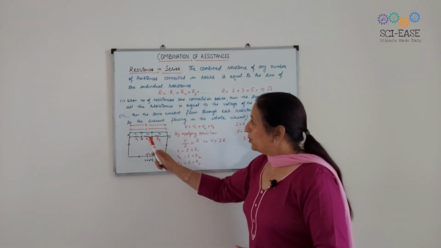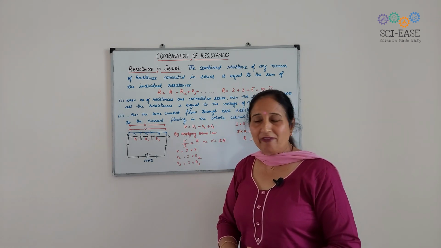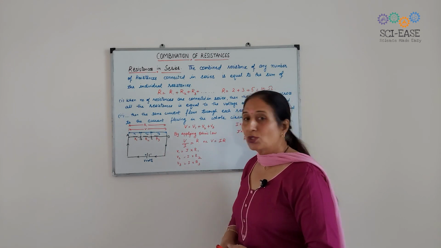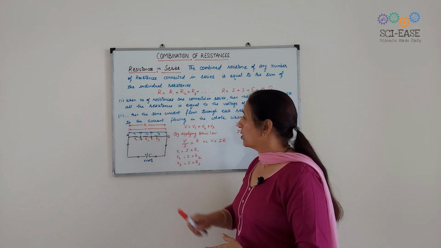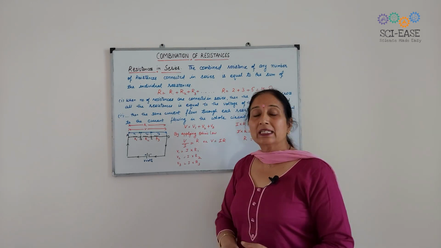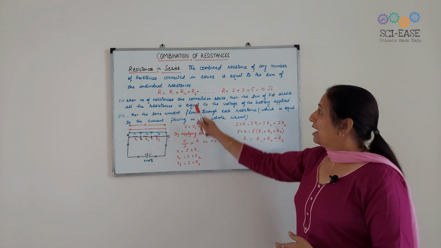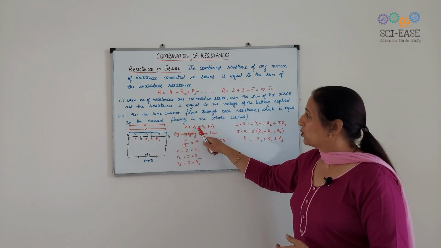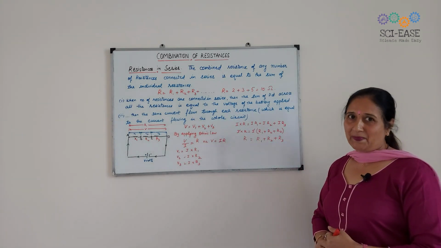The potential difference across R1 is V1, across R2 is V2, and across R3 is V3. And I have told you in this point, V is equal to V1 plus V2 plus V3.